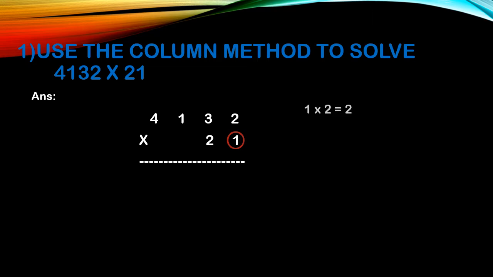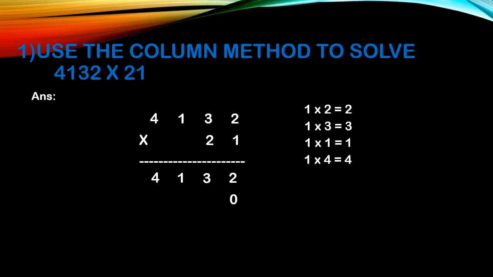So 1 into 2, 2, 1 into 3, 3, then 1 ones are 1, then 1 fours are 4. So first we multiply the ones digit of the 2-digit number. After that we have to put 1 0. In all the sums you have to put 1 0 in the ones place.